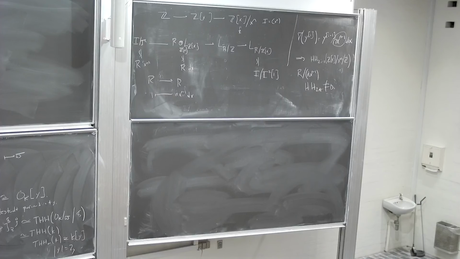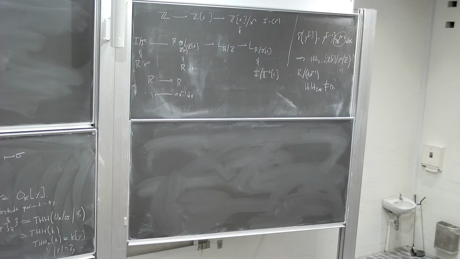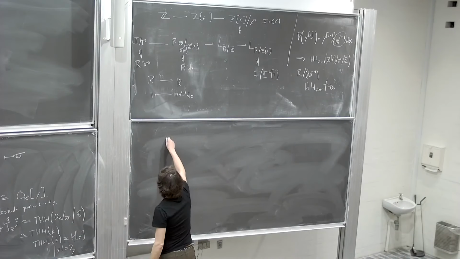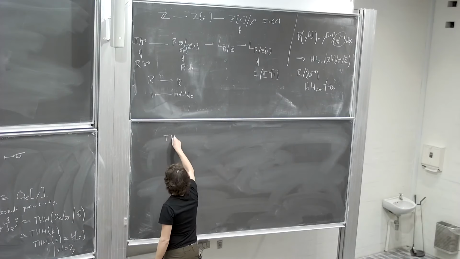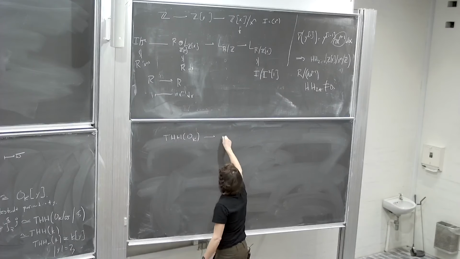Everything's completely algebraic and concentrated in even degrees. And now we can use this fiber sequence here to get a fiber sequence for the THH of O_K. Again, everything p-adically complete.